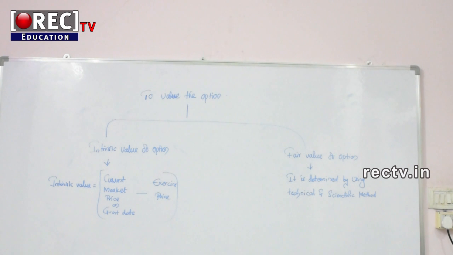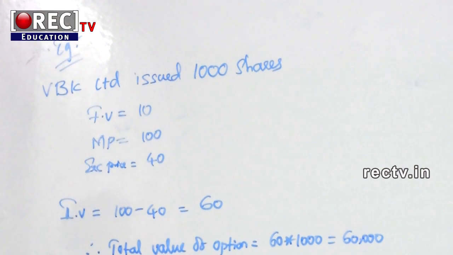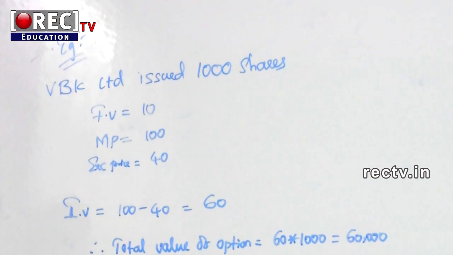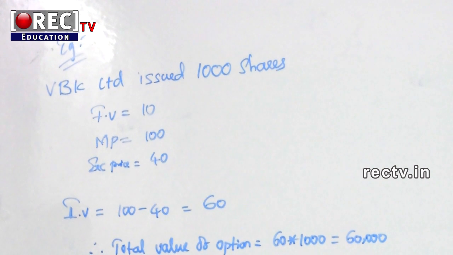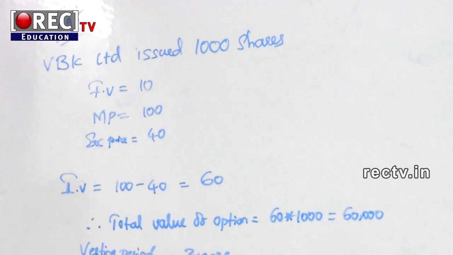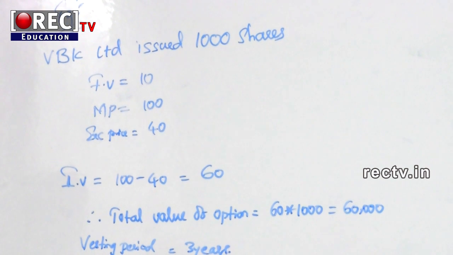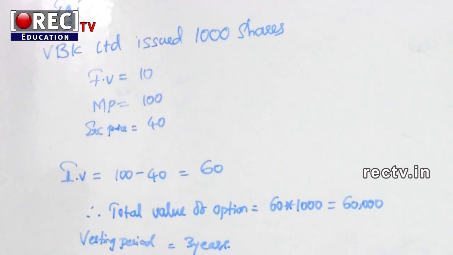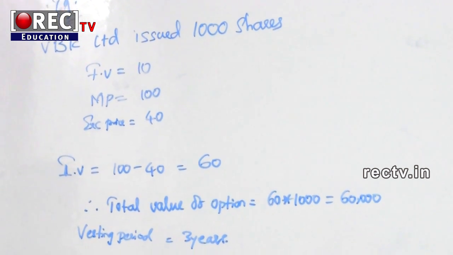Here fair value will be given in the question, so you need not find the fair value. Now let us consider one example for ESOPs. VBK Limited issued 1000 shares. Face value is 10 rupees, market price is 100 rupees and exercise price is 40.